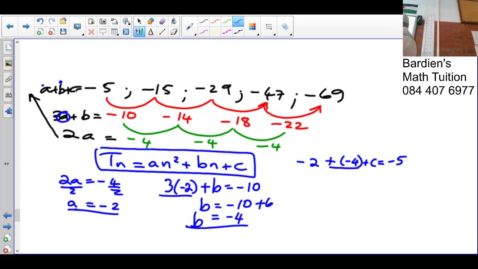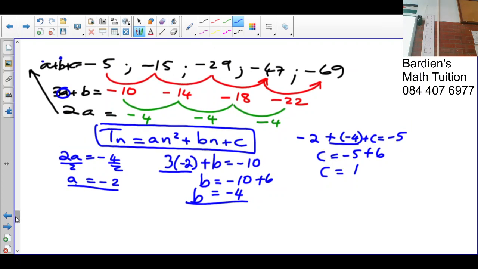So that is going to be negative 2 minus 4 is negative 6. So c is equal to negative 5 plus 6. Okay. So this here is simply Tn is equal to negative 2n squared minus 4n plus 1.